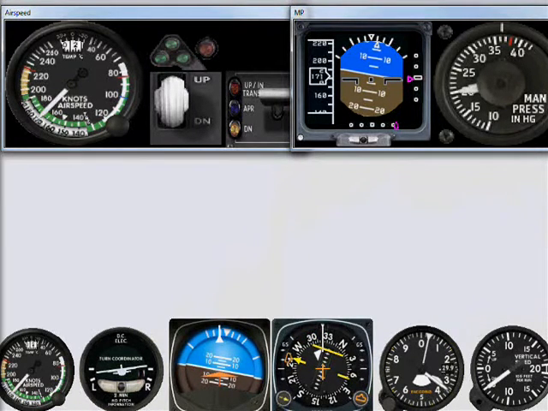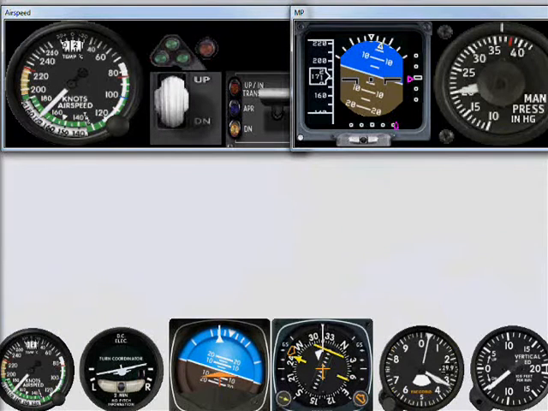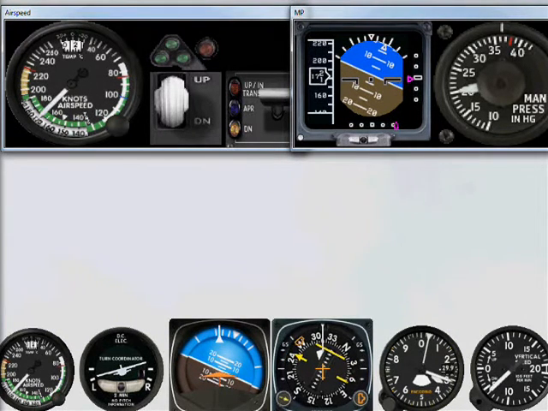Turning to our final intercept heading for the localizer, we continue the descent to 1,500 feet.